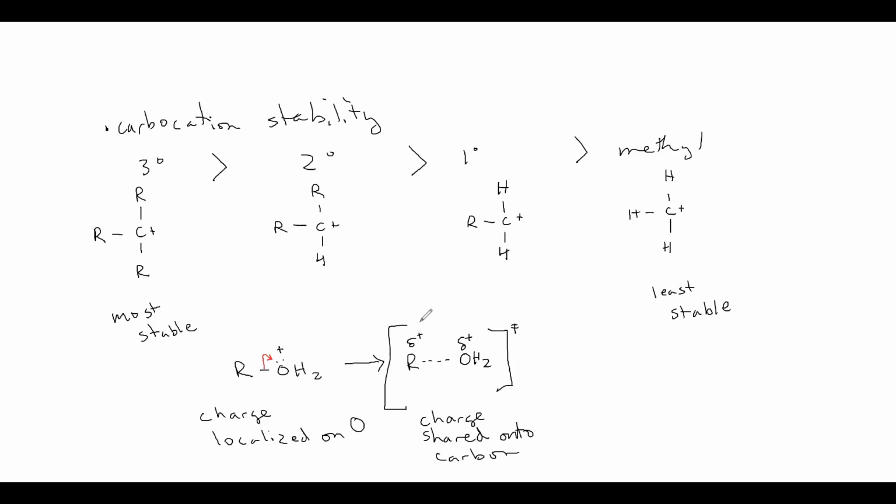Okay, so just a little reminder, transition states on a potential energy diagram are the high point on a curve, whereas an intermediate would be a relative minimum.